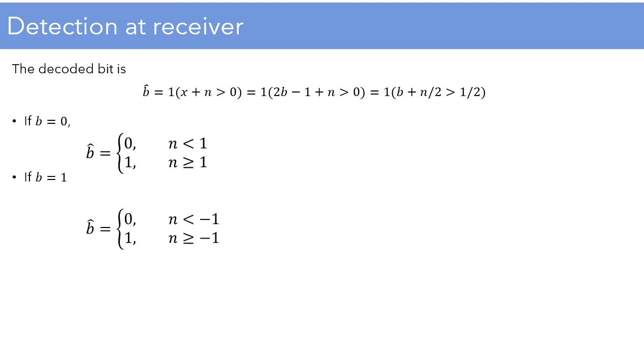In that case, n should be greater than minus 1 for it to be decoded as 1, which means that if you transmit 1 and the noise is less than minus 1, it can make this bit flip from 1 to 0.